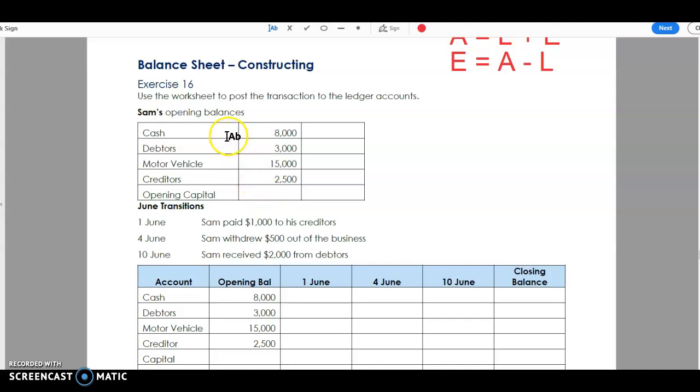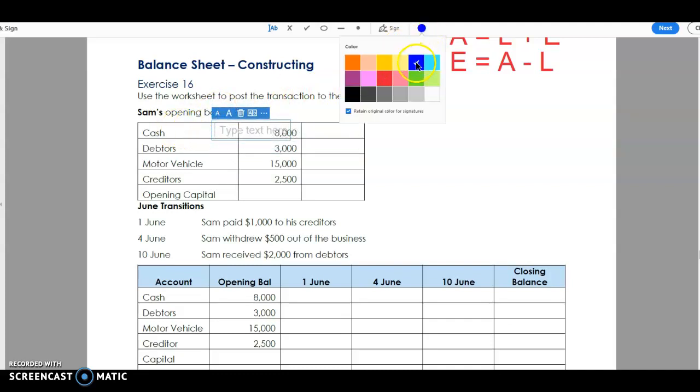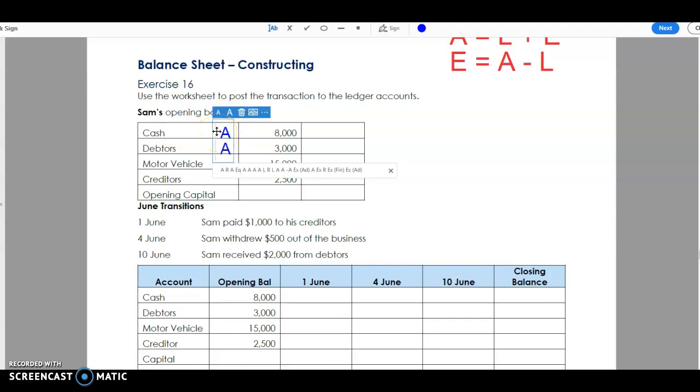Now the first thing we want to do here is classify our accounts, and so cash account is an asset, so let's put that in there. Debtors account is also an asset. Motor vehicles is also an asset. Now, I hear you say, but cash and debtors are current assets and motor vehicles are non-current assets.